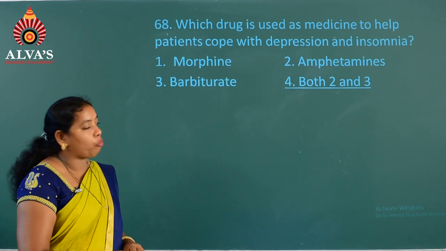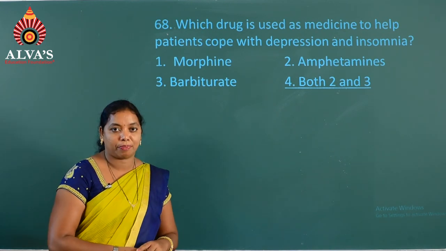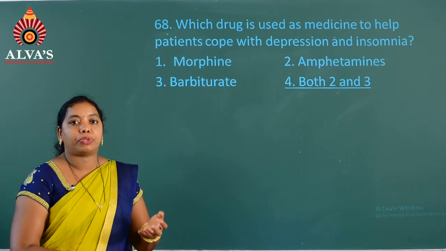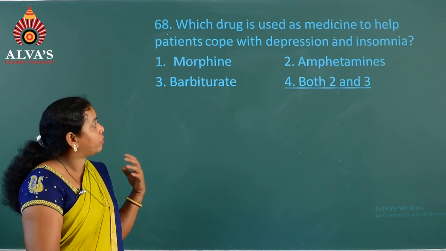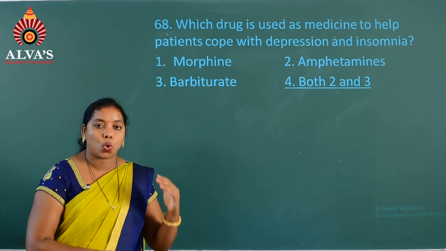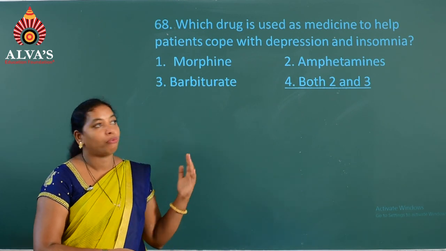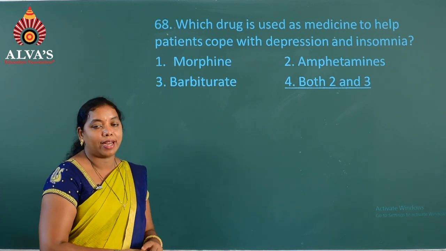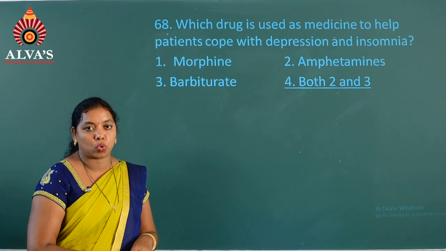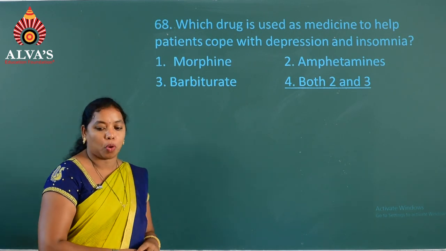Here the options are morphine, amphetamine, barbiturate, and both 2 and 3. Generally, after intake of drugs like amphetamines and barbiturates, the body function slows down, and the person also has the problem of insomnia, the sleeplessness. Hence the right answer is the fourth option.